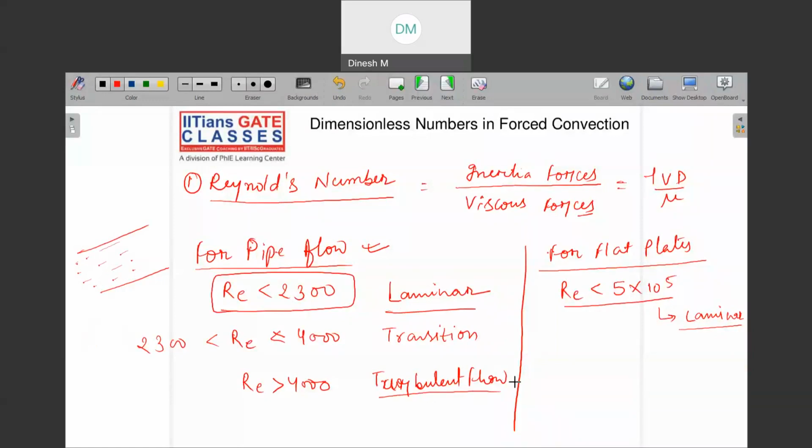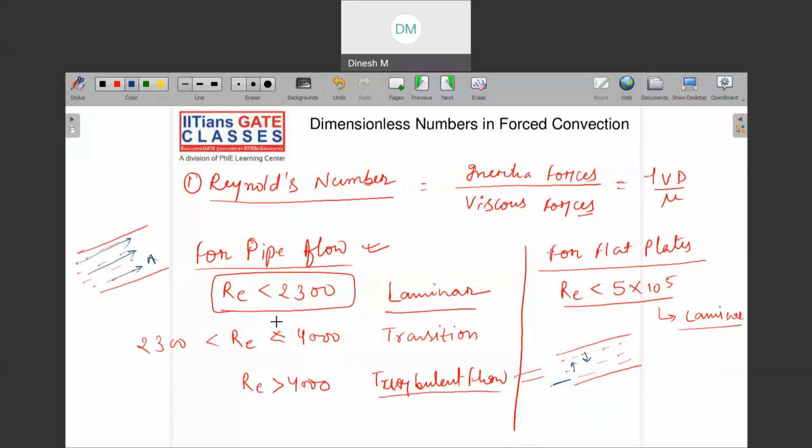But when the flow is turbulent, the intermixing between the layers is present. In laminar flow they are flowing in this direction only, there is no flow in the other directions.